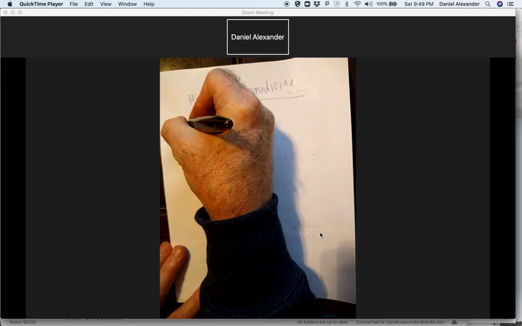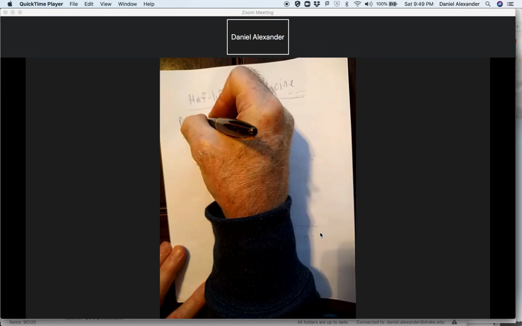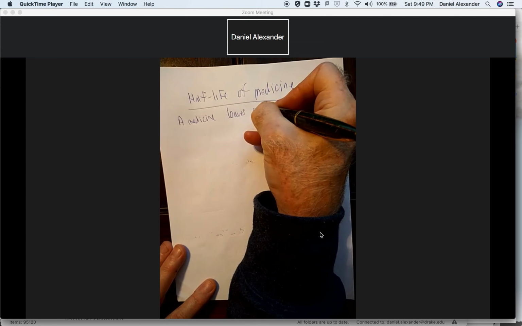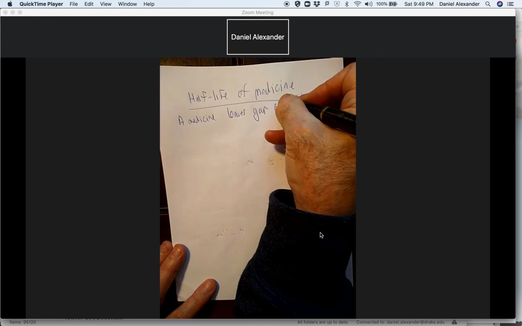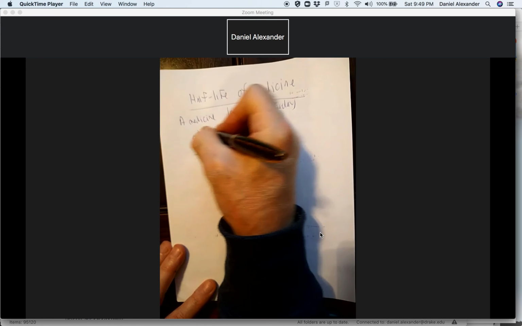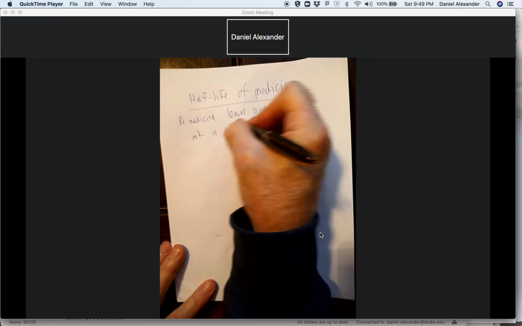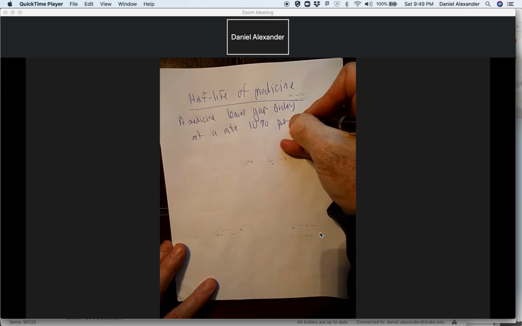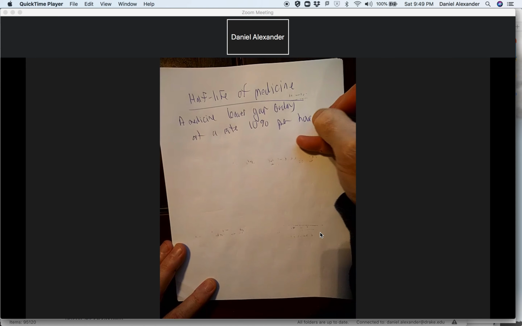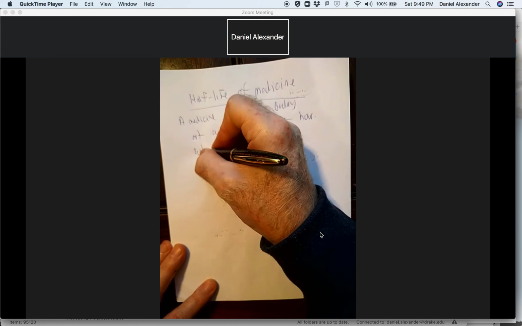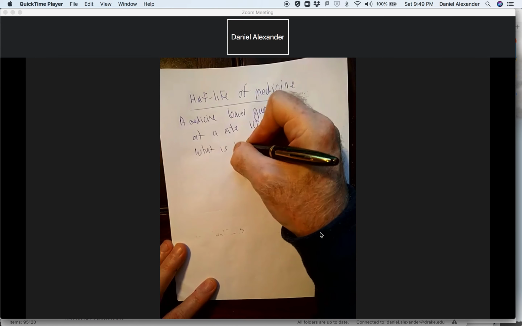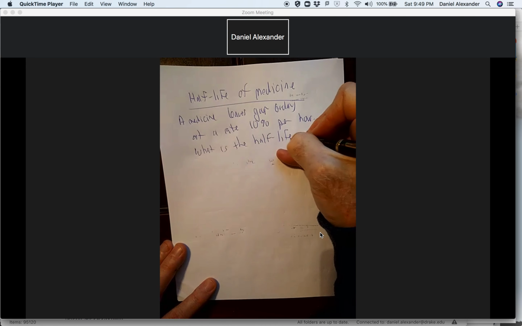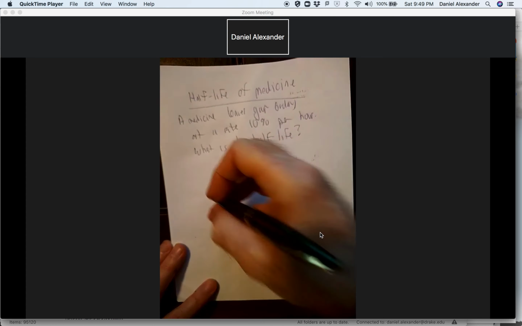A certain medicine leaves your body, so your body metabolizes it at a rate of 10% per hour. What is the half-life? In other words, when is it cut in half?